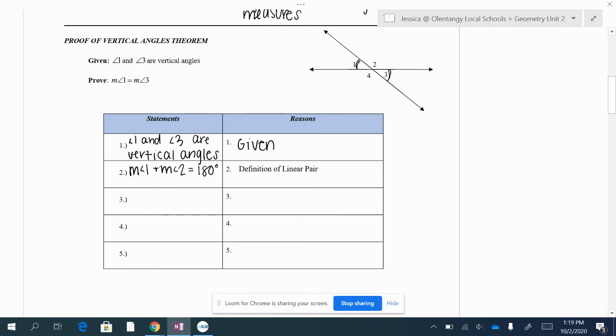Okay, and then I also know that if I look here, 2 and 3 form a linear pair. So measure of angle 2 plus measure of angle 3 equal 180. And that will also be definition of linear pair.